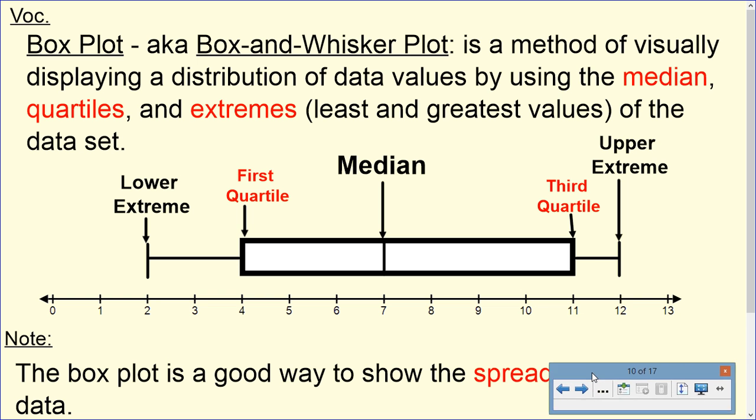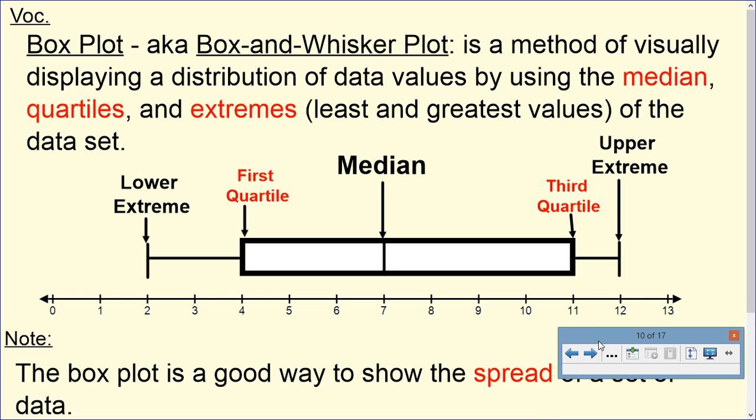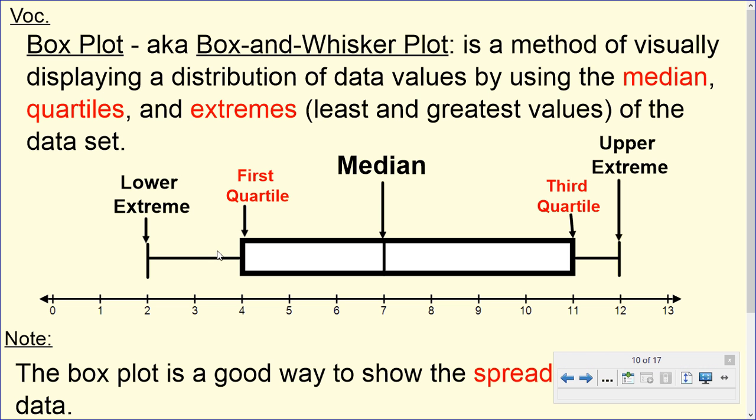So let's take a look at what we have here. We have this little line here pointing at the 2 on the number line. It's called the lower extreme, so that would be the minimum. We have the first quartile at the 4.